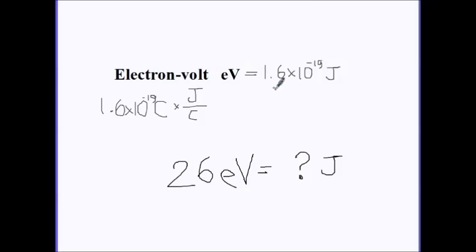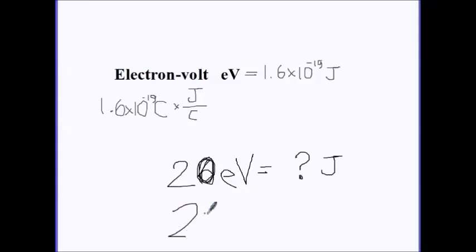And so what I need to do is to multiply by this number. So you end up with, well, why didn't we make this be 20? So we end up with 32 times 10 to the minus 19th joules. Much smaller when you measure it in joules. Although it is equal.